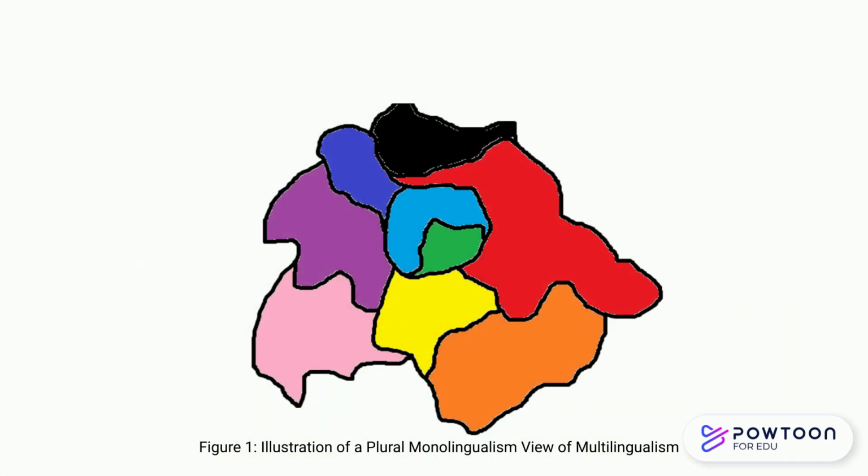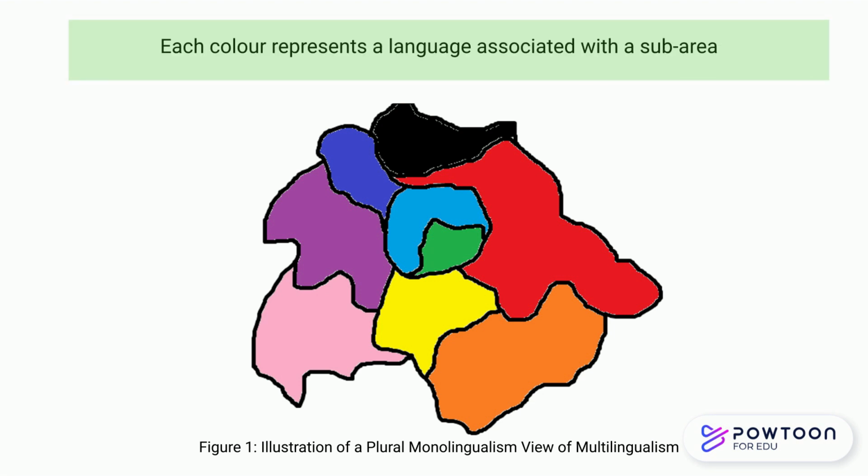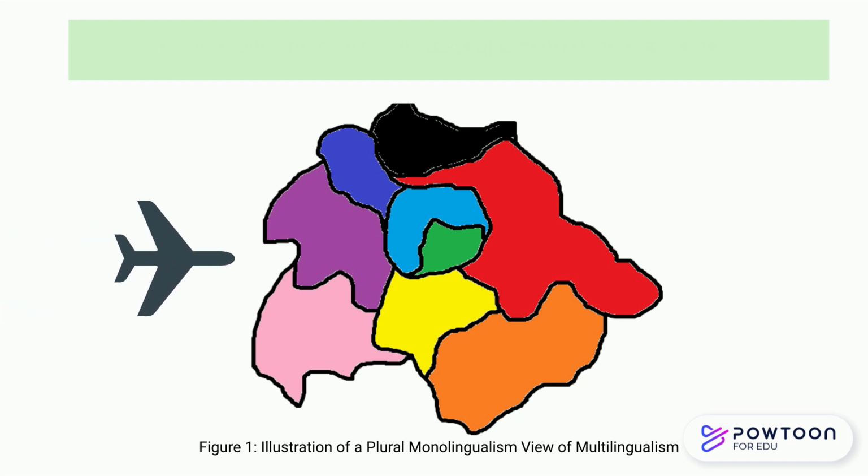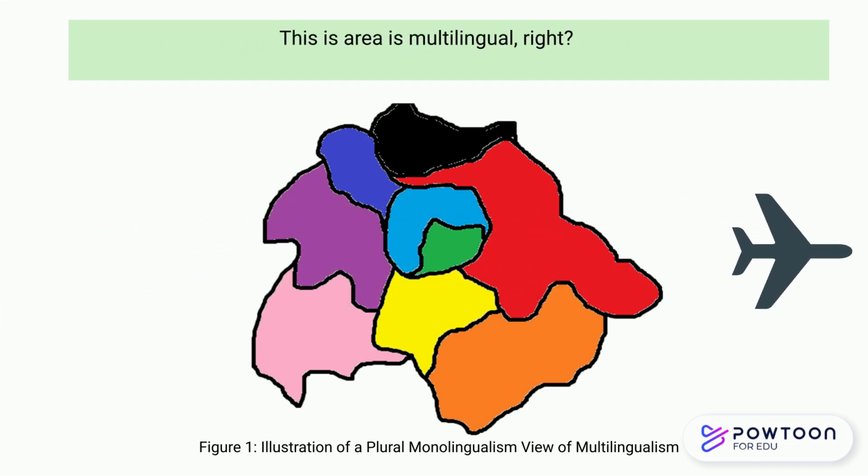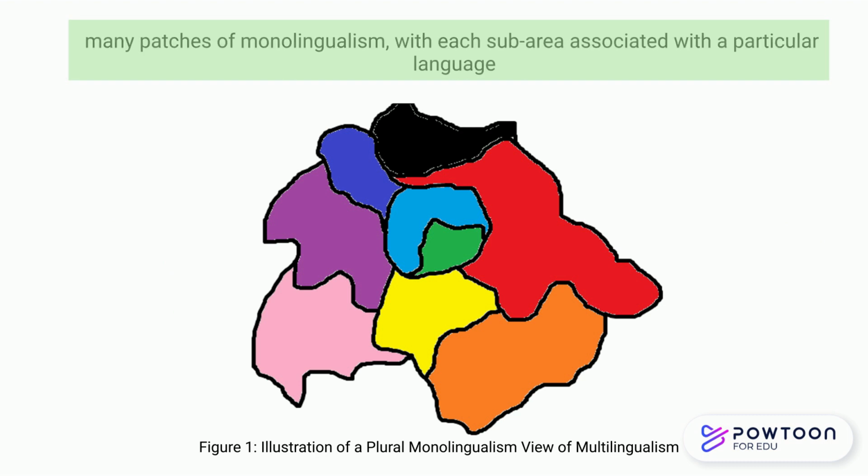Figure 1 illustrates this understanding of multilingualism. In the image, each color represents a language associated with a sub-area. If you are looking down at the general area from an aircraft, you'd say that the general area is multilingual, right? You clearly mean that there are many patches of monolingualism, with each sub-area associated with a particular language.